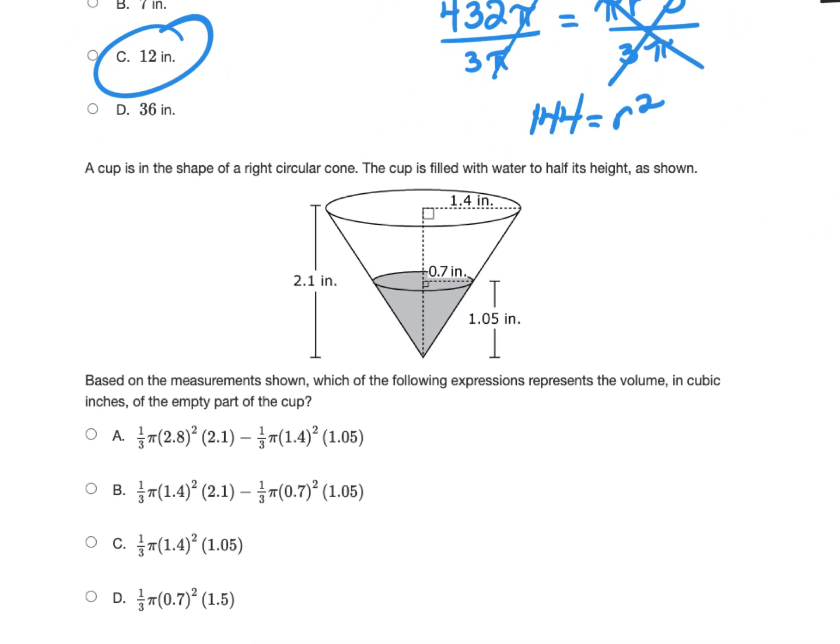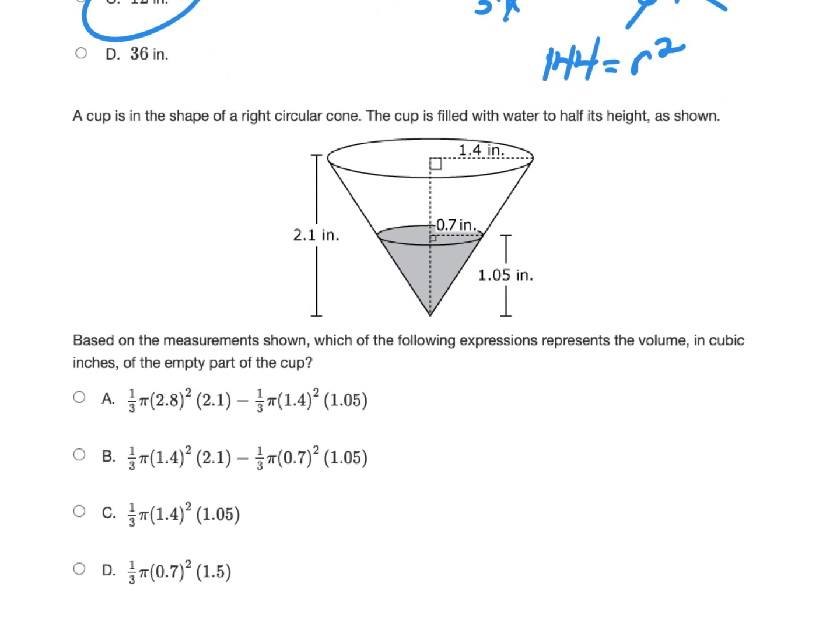Okay, I'm sure most of you will look at this and be like, what the heck? But let's use our process of elimination strategy. Before I would even look at our answer choices, read the information that's given.